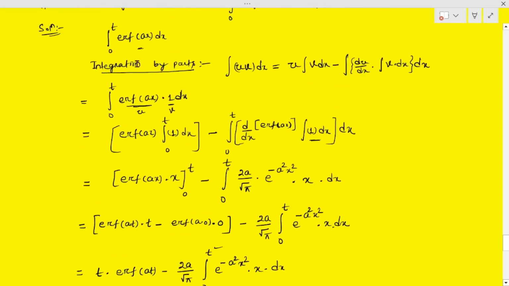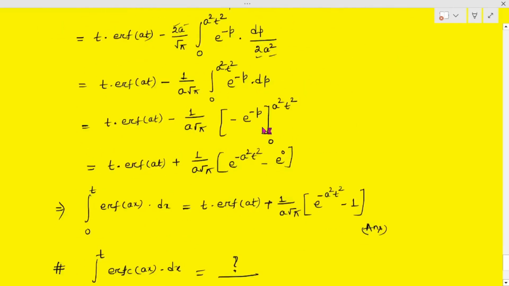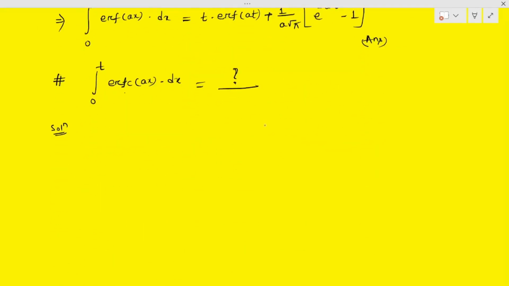Already we discussed how to do integration by parts, and here this function will be considered as the first function, and this one multiplied with 1 will be considered as the second function.